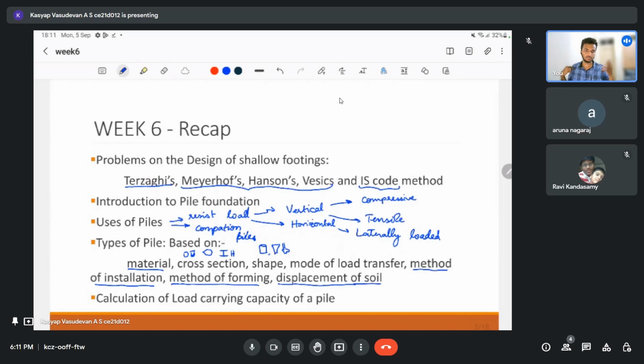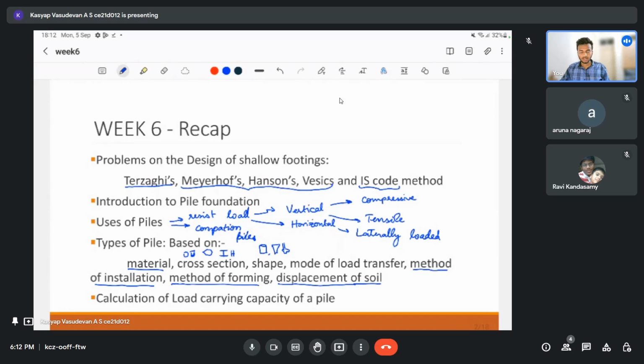Either we displace the soil because of driving, or the soil may not be displaced in case of boring. Here the concern is whether the soil is moving laterally or not, because if the soil is moving laterally, then we can expect more compacted soil around the pile.